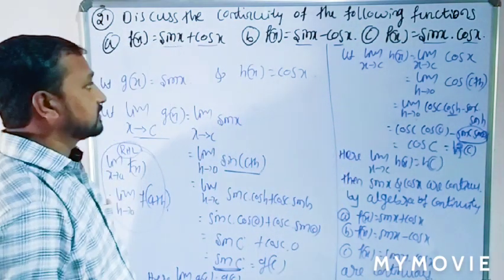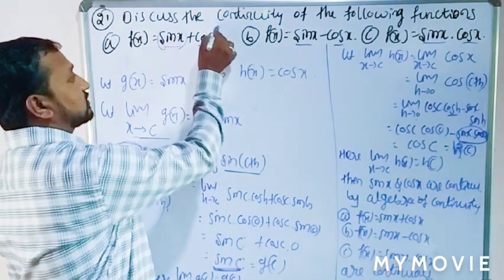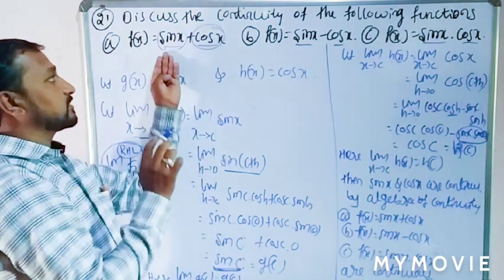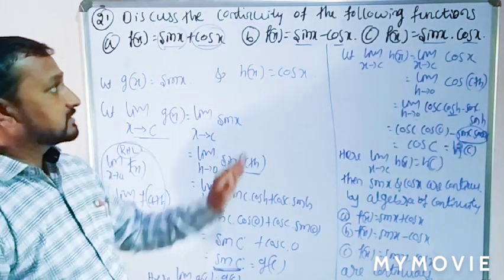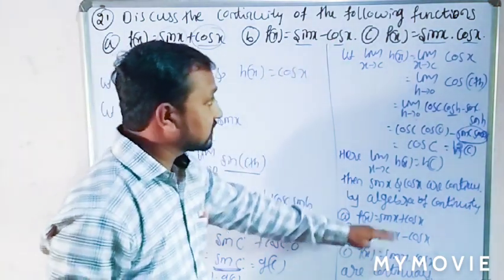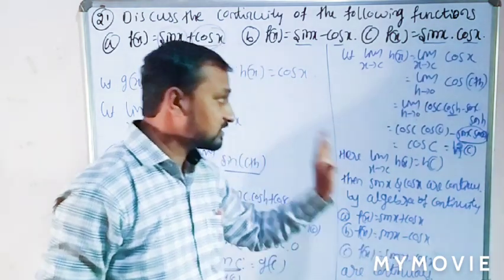Very simple. Here sin x should be continuous and cos x should be continuous. By using algebra, f of x plus g of x is continuous. Same as sin x minus cos x is continuous. Same as sin x by cos x is also continuous.